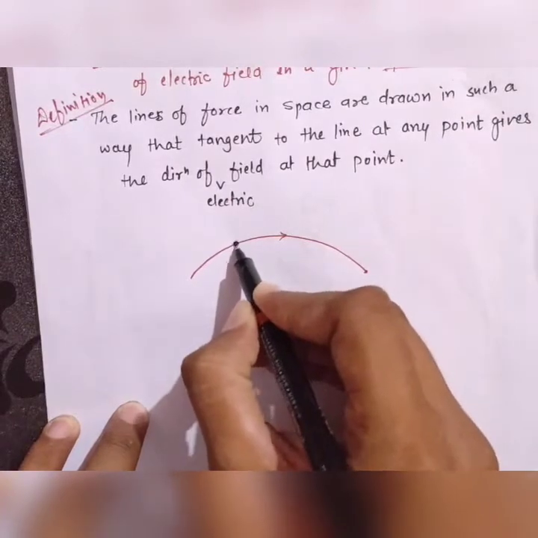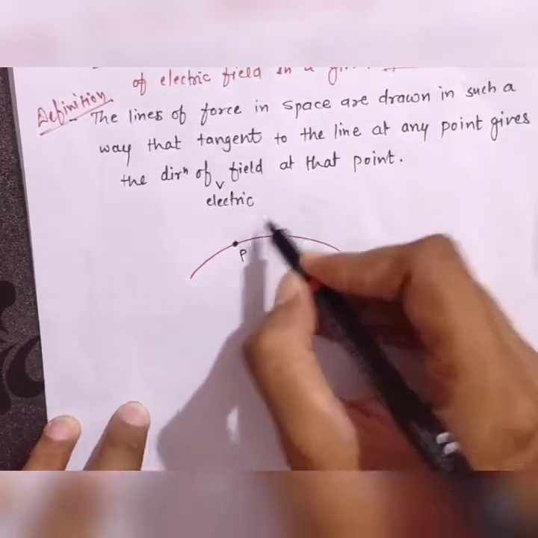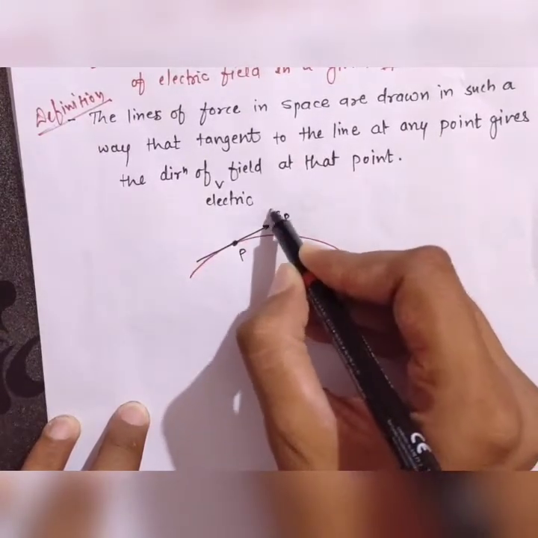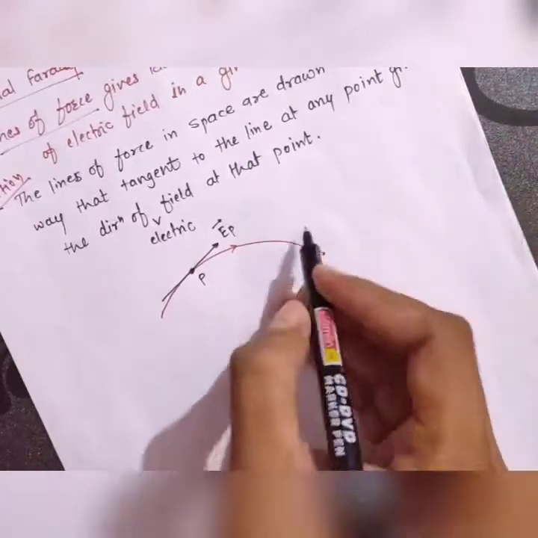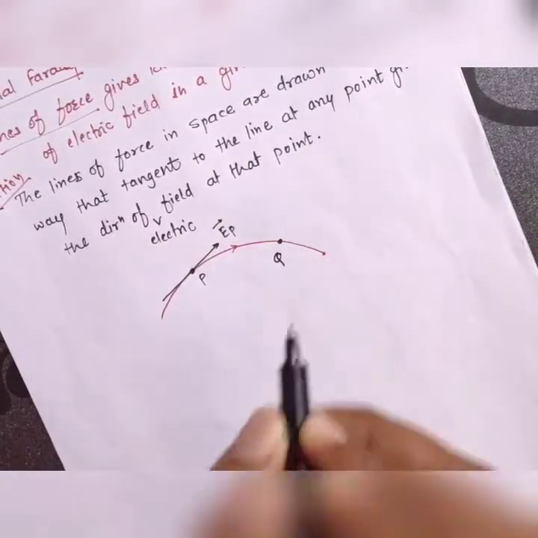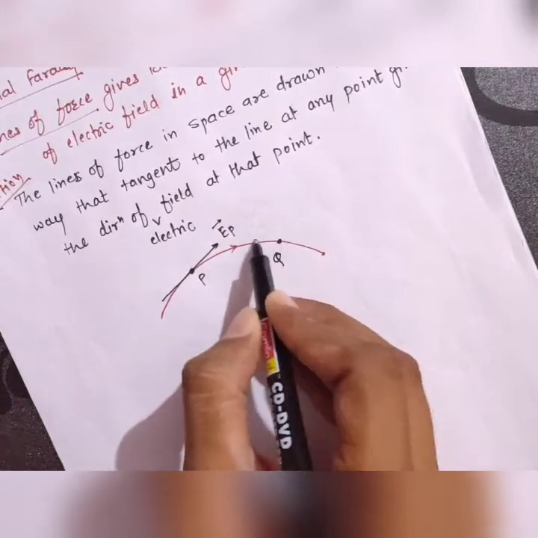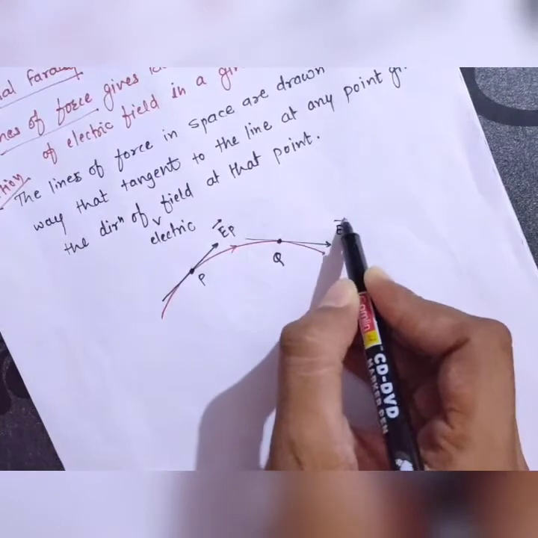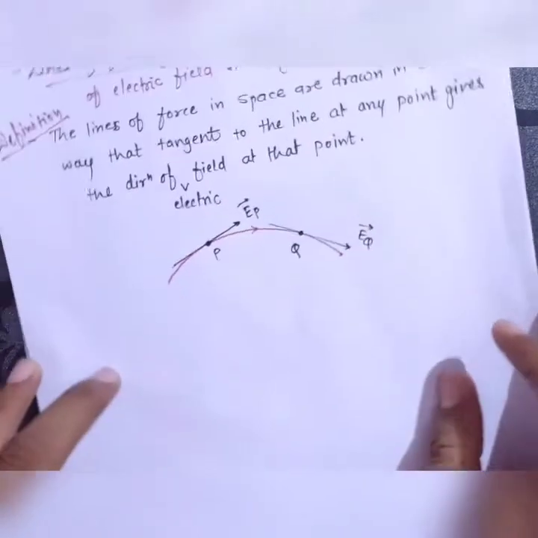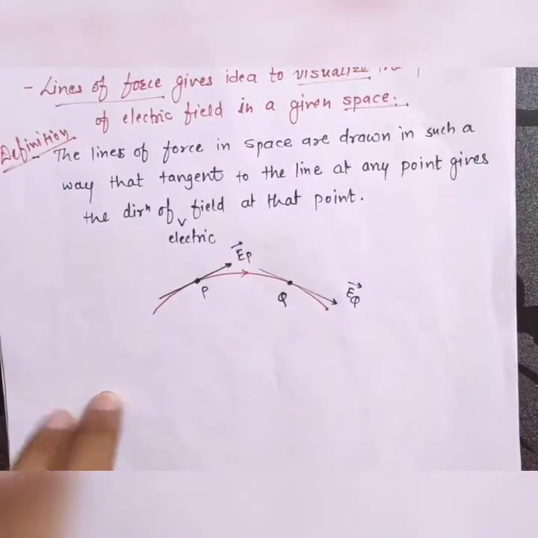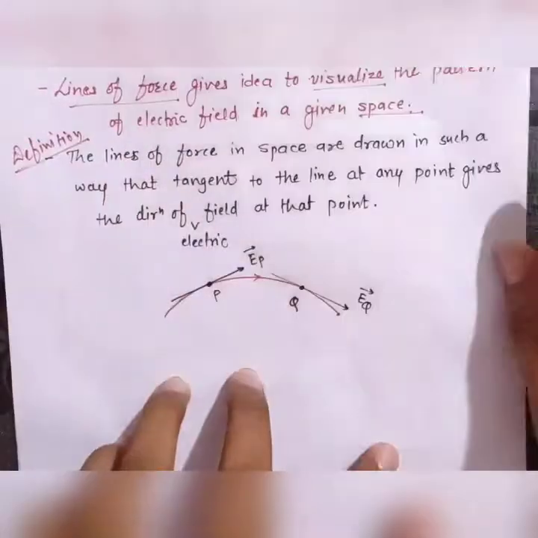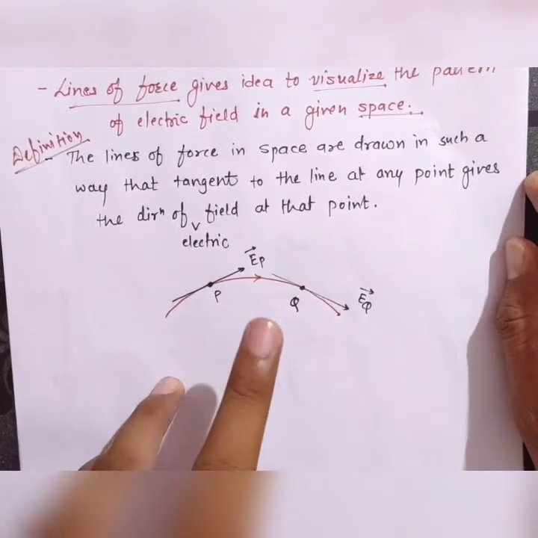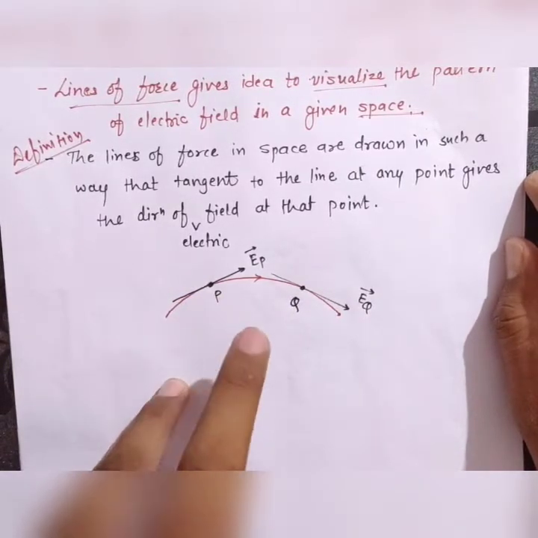At this point P, the tangent to the curve is this. So this tangent gives me the direction of electric field at point P. Here I draw another point Q. The tangent at this point is in this direction, and this gives me the direction of electric field at point Q. So understand this: the lines of force in a space are drawn in such a way that the tangent to the line at any point gives the direction of electric field at that point.